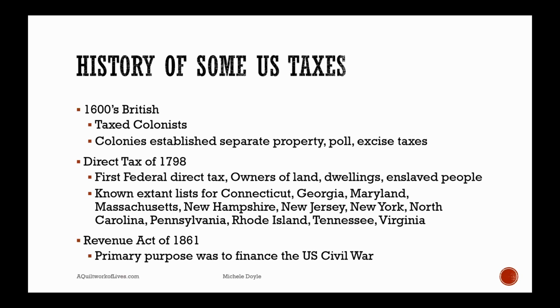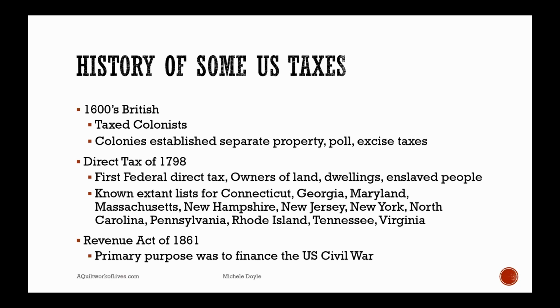Generally, you were taxed because you owned something. So one of the first things we need to remember is that taxes were paid on things that are owned, things that are bought, things that are sold. As long as your ancestors were part of that commerce, there should be some sort of record of them.